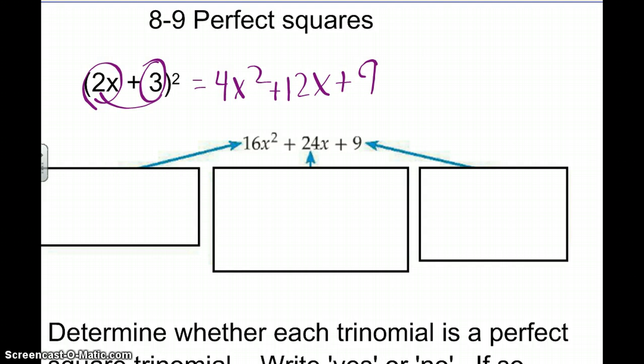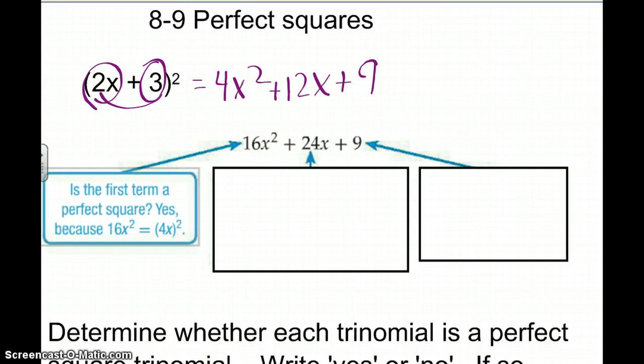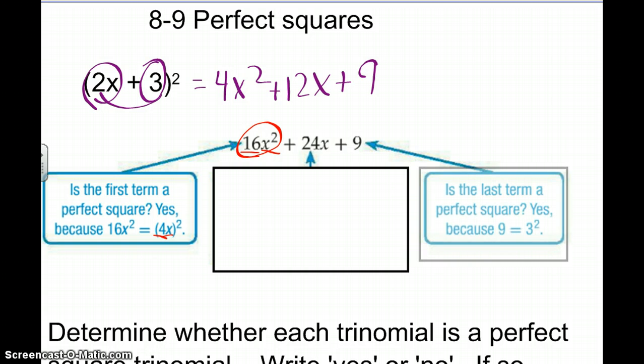If we look at the next problem, 16x squared plus 24x plus 9, we notice the first term is a perfect square because the square root of 16 is 4 and the square root of x squared is x. So the square root of the first term gives us 4x. Next, the last term is also a perfect square because the square root of 9 is 3.